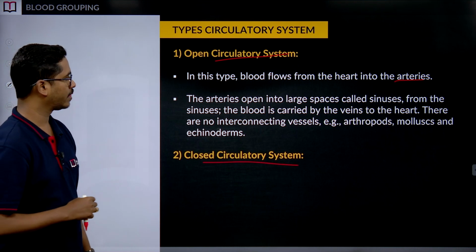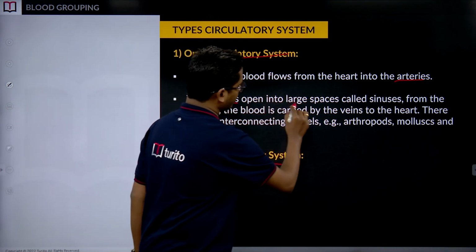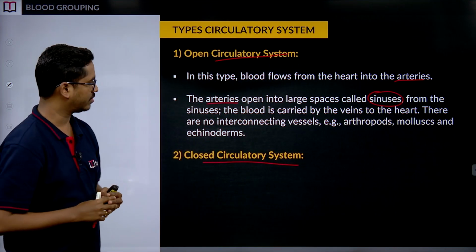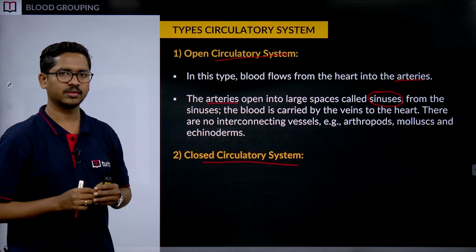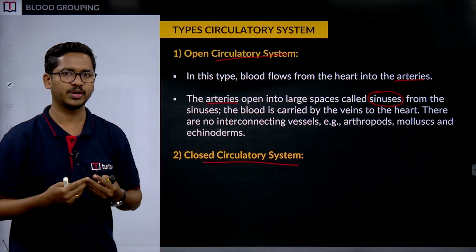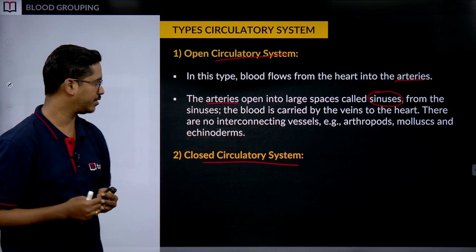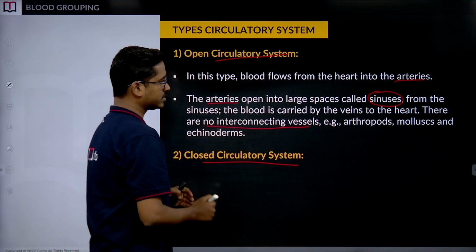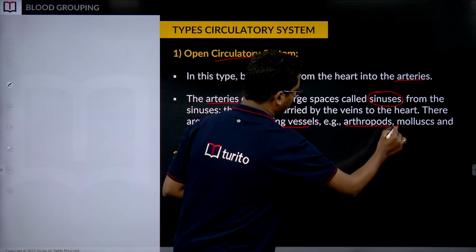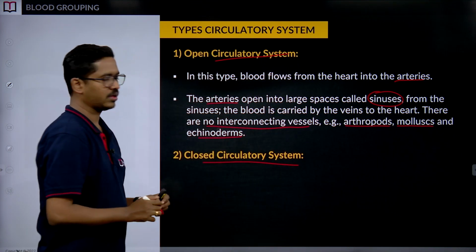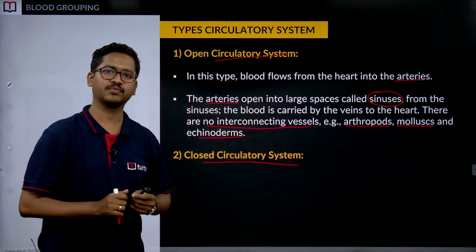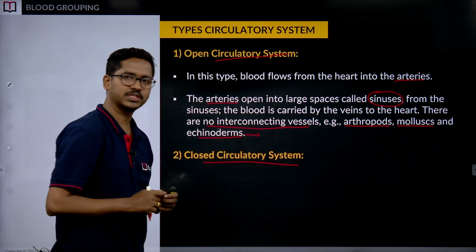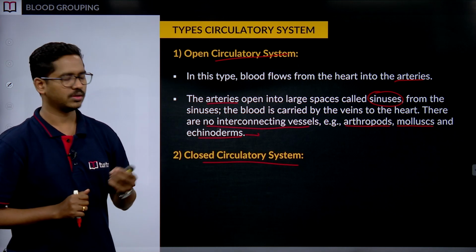But the difference here is these arteries open into a large open space known as sinuses, and there is no additional network between the arteries and veins. That means you do not have capillaries available here, no interconnecting vessels. This kind of system we see in arthropods, mollusks and echinoderms. Arthropods account for insects, mollusca is for snail, octopus, squid, and echinoderms are for starfishes, sea cucumber, and sea urchins.